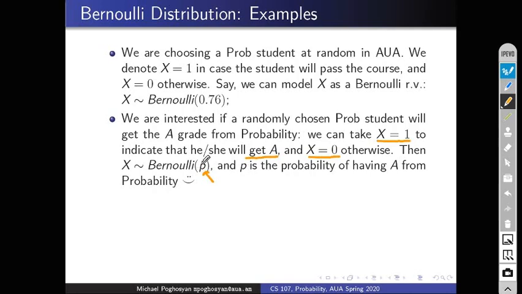How to calculate this p? Well, this is about statistics. Statistics will give tools to calculate that probability p. In fact, we can take historical data, calculate how many probability students were in AUA and how many of them were A grade students, and calculate the ratio of A grade students among all probability students in AUA we had so far.